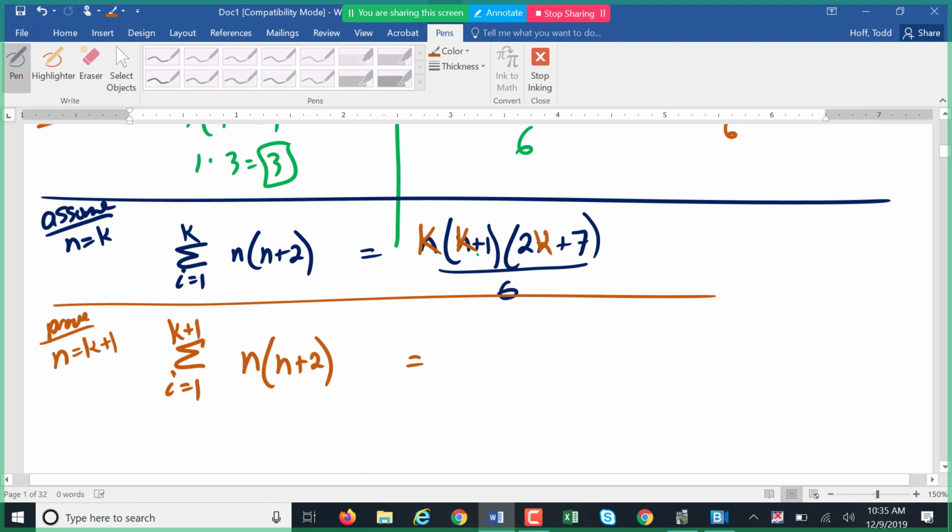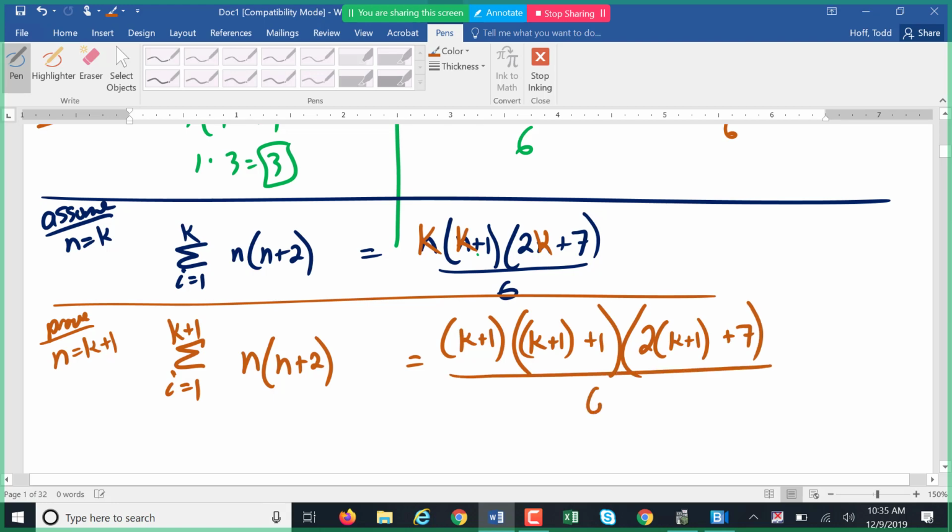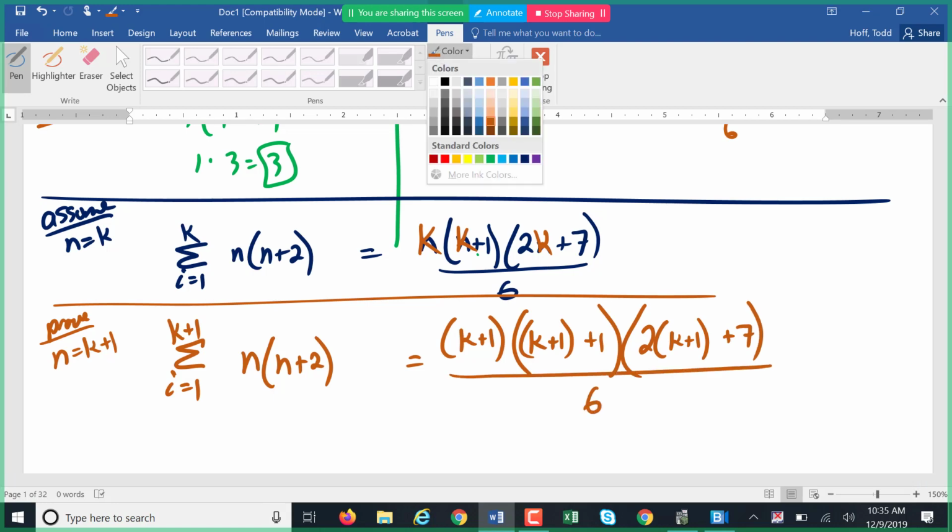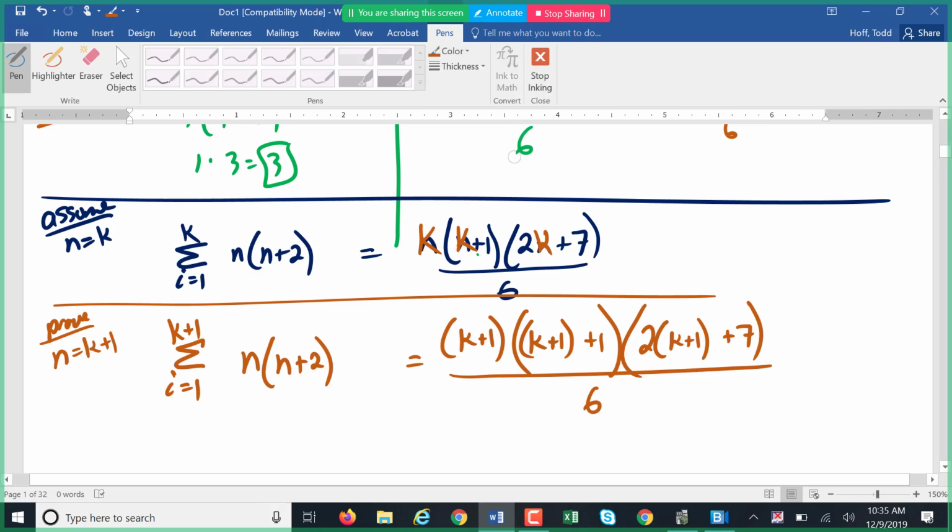On the right side, this is going to be k plus 1 now instead of k, times k plus 1 times 2 times k plus 1 plus 7 over 6. So we're going to have a lot of algebra to do in both sides of this. On the left side over here, let's break down our summation.